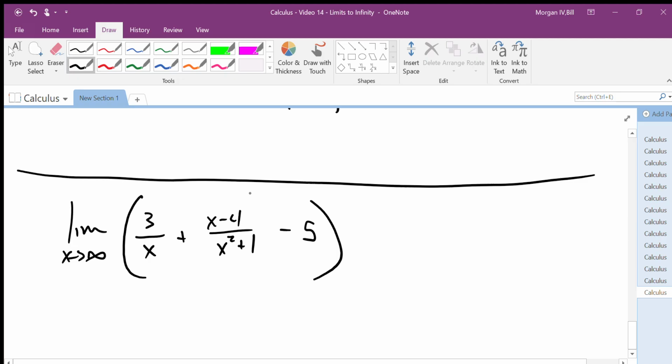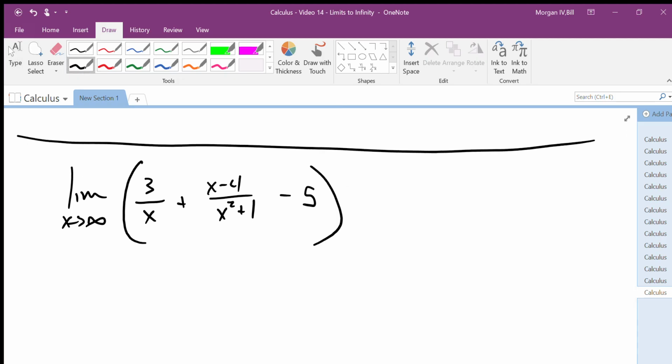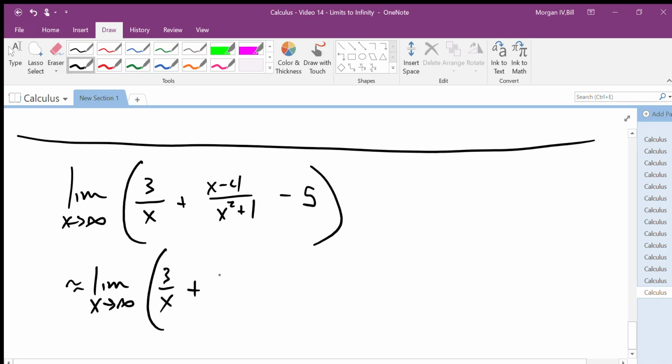The middle term, let me work on the middle term here. This whole thing is approximately equal to the limit as x goes to infinity. I'll keep the 3 over x. But on the middle term, I'll write that as just x over x squared, subtracting 4 in the numerator, adding 1 in the denominator is not changing x going to infinity, and then minus 5.